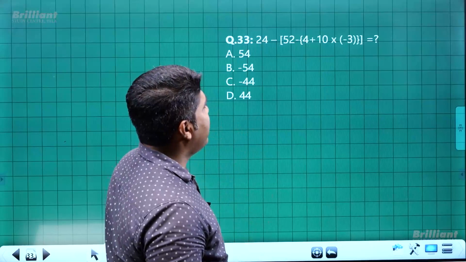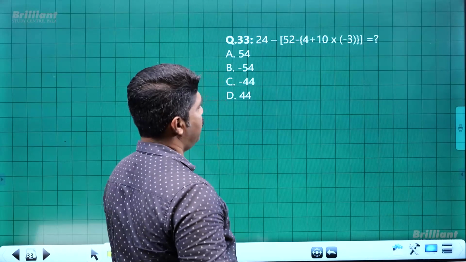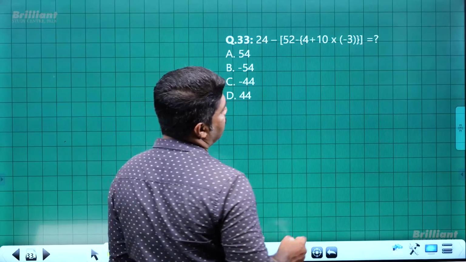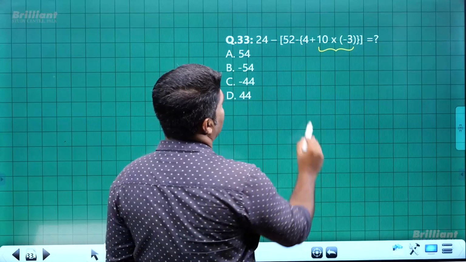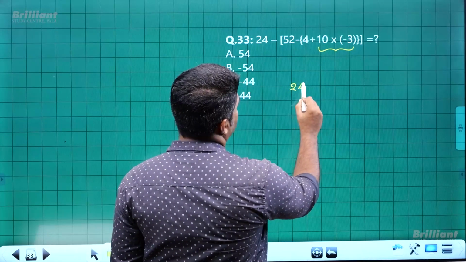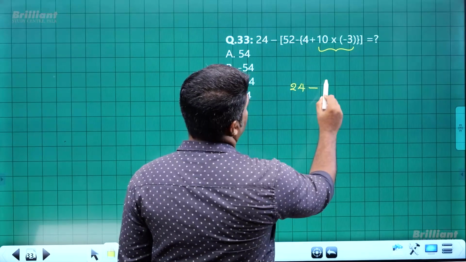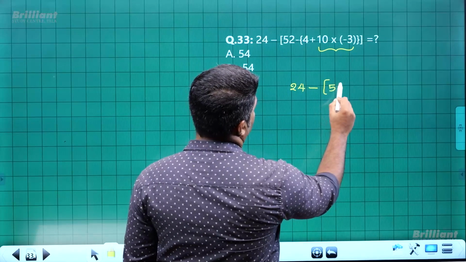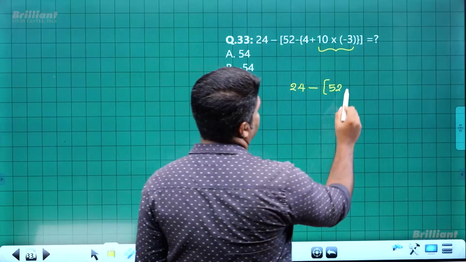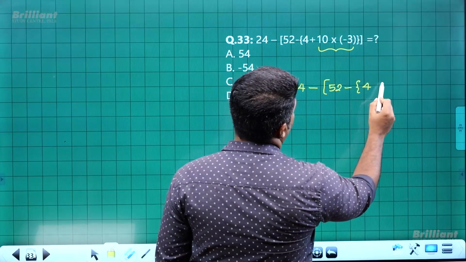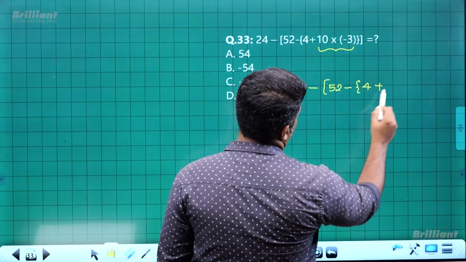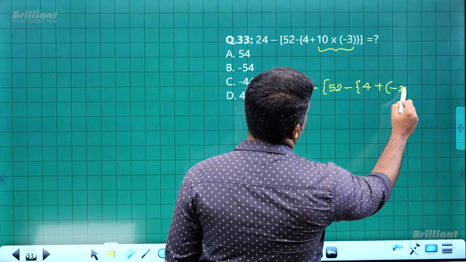So here we can check. We are applying the BODMAS rules here. First of all, what do we want to do? First, we have to do this multiplication. So here we can write the rest of the steps. This is 24 minus, there is a curly bracket, 4 plus minus 30.